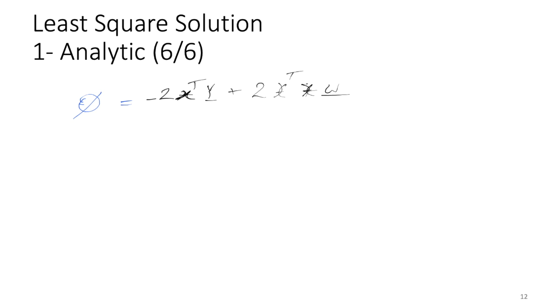All right? And through that, if you bring this side to the left-hand side, you're going to have X transpose XW. I'm not sure what happened here.